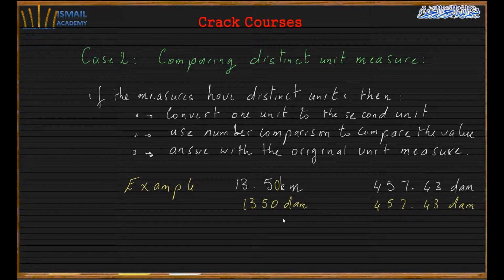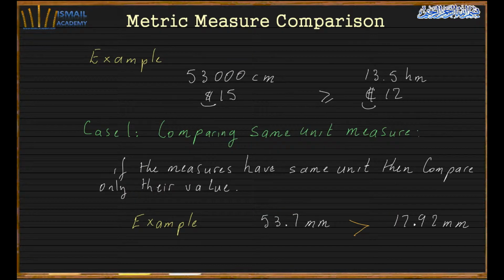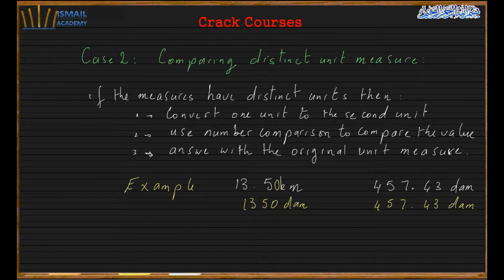Now my unit measures are the same. So what do I need to do? I'm going to use case 1, just compare the value. This is exactly what I do here. So this is 1000, this is 100, so that means 1000 here is 0. That means I have 1 is greater than 0, that means that number is greater. So this is greater. But this will not be my answer.